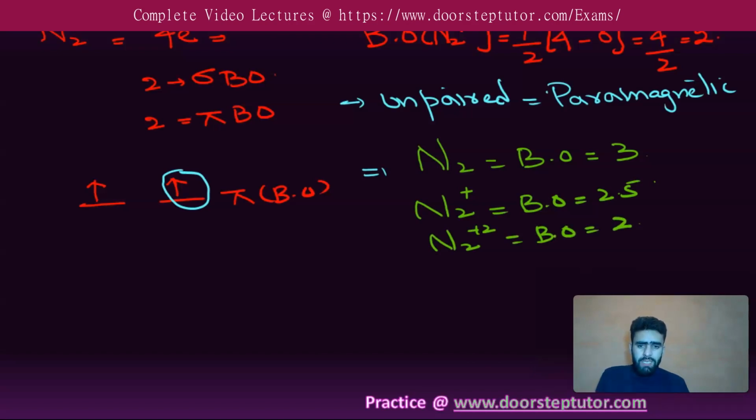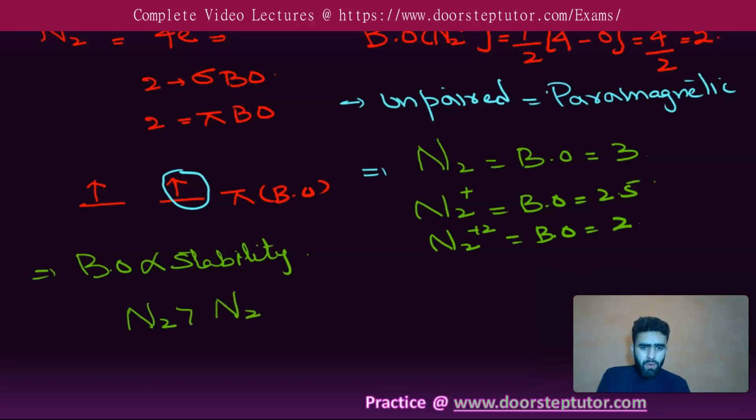Now, as we have a concept that bond order is directly proportional to stability, if I have to arrange these species in order of stability, N2 will be more stable compared to N2 plus, and N2 plus compared to N2 plus 2.